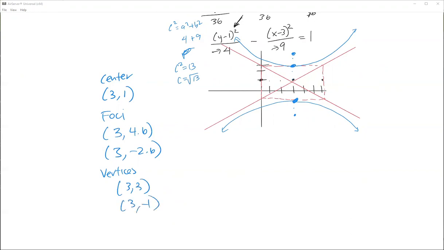And then your co-vertices will be these values right here. So you're adding what? You're adding 3 to them from the x value, so it will be 0, 1 and 6, 1, right? Okay.